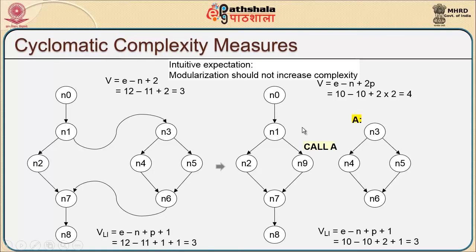But this can also be replaced something like this. This is similar to the flow chart that we tend to draw. I am replacing n3, n4, n5 and n6 with a node called n9, which is outside the loop, and this n9 calls a function or a module, which is the module taken out from this program.